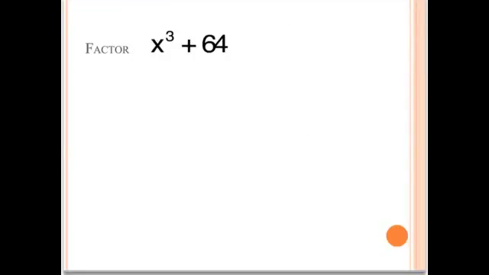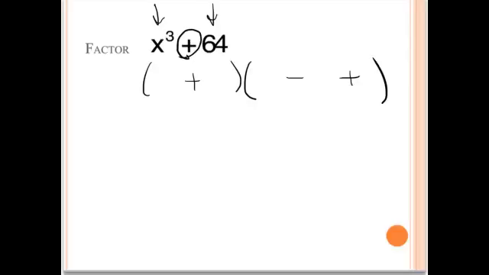Now let's look at this problem. We only have two terms, so this is a binomial, but this is a sum of two cubes because x cubed is a perfect cube and 64 is also a perfect cube. So now we have to remember, okay, it went plus and then minus plus. And then we have to fill in the rest. So we take the cube roots of each one of these two terms. X cubed, the cube root of that is x.